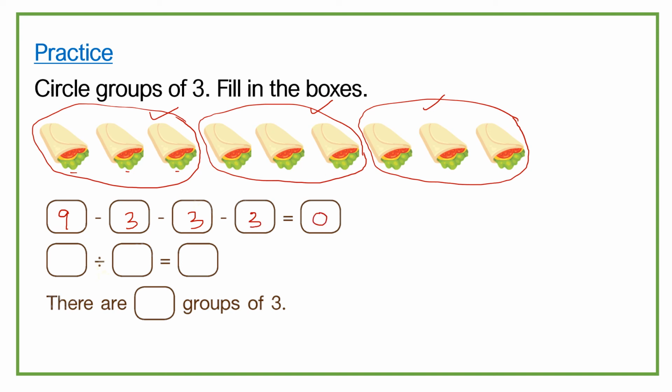Now this is a subtraction sentence, but it can be converted into a division sentence by having 9 divided by 3. So 9 divided by 3 equals 3. Therefore, there are 3 groups of 3.